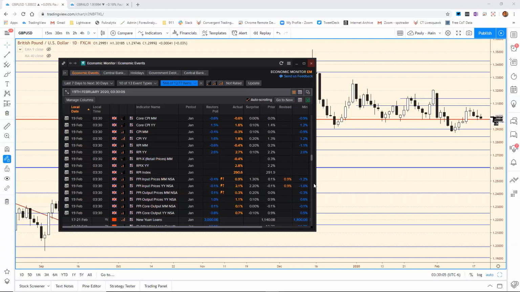So it came in right in line at -0.6, which was what the Reuters poll was looking for. Core CPI, and look at cable, not even moving. As the saying goes, it's deja vu all over again, just like yesterday. And we came in at a positive 0.9 on PPI. They're looking for -0.4. Look at that, no movement whatsoever.